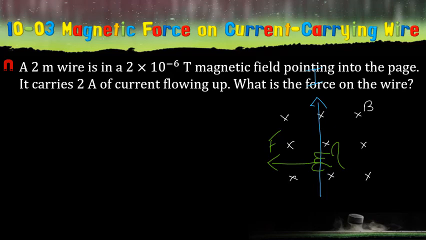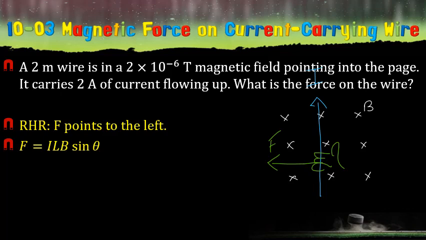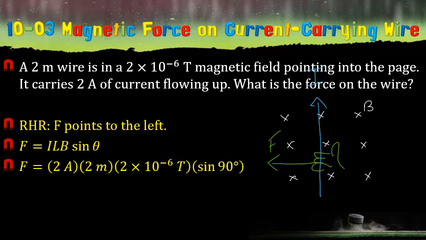Again, fingers into the paper or into the screen. Your thumb's going up, and the force will be towards the left. Force for a current-carrying wire is ILB sine theta. So I is 2 amps.